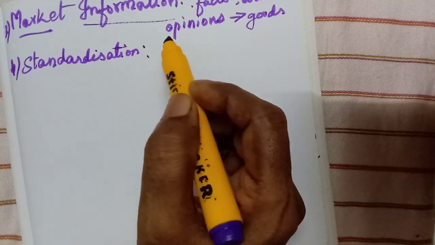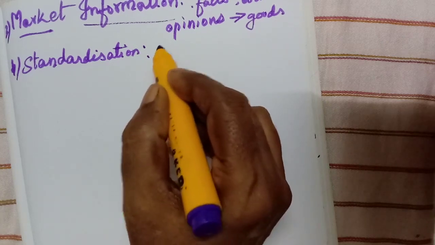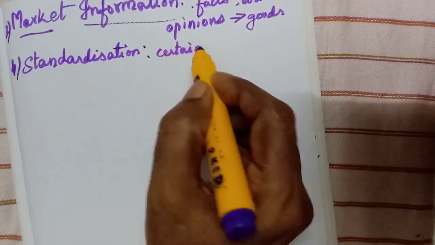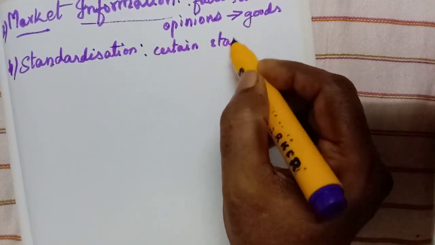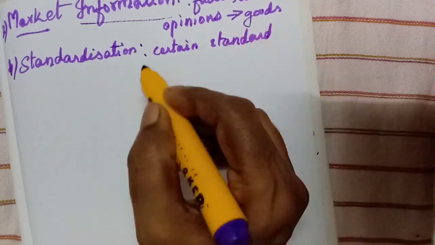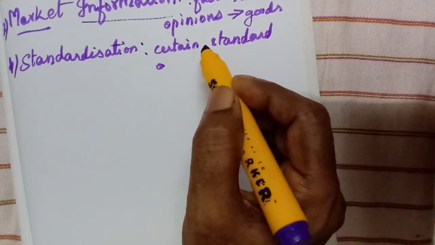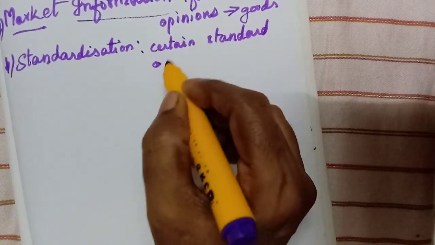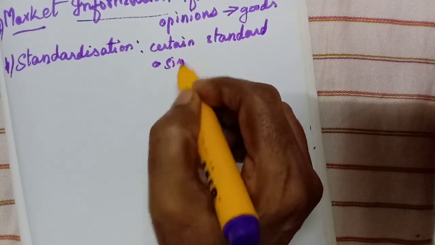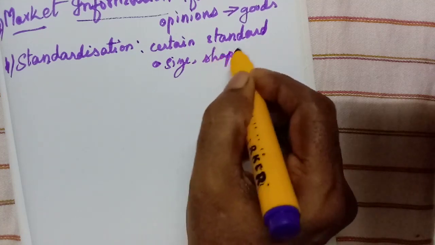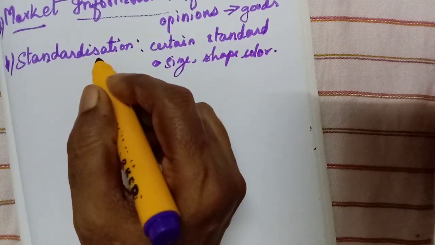Standardization of product means we establish certain standards regarding the quality of the product, or it may be established related to the size, colors, shape or taste, whatever it is. Okay, size, shape, then color. As per that, it will be standardized.